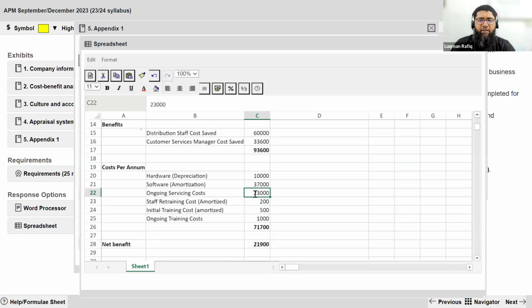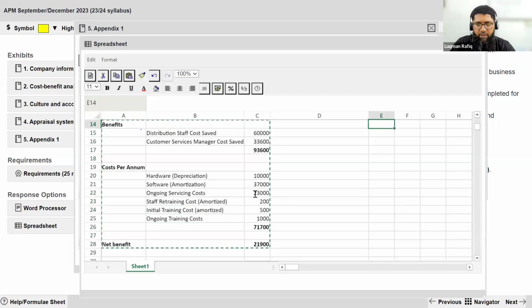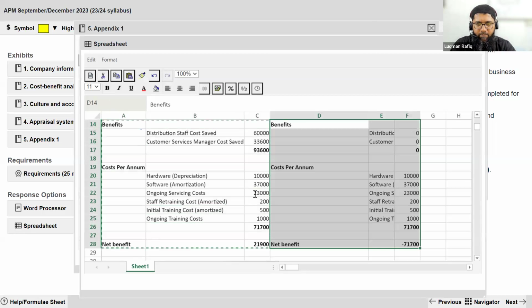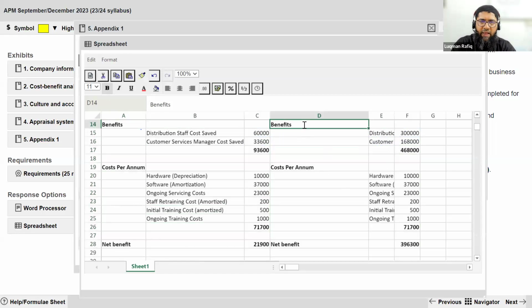There is another way of doing it. Let's just try to see this. I'll copy this and paste it. I would say the distribution cost is going to be this multiplied by 5. I would do it for 5 years because there's one thing which the examiner doesn't need to mention, which is that you should know what the like with like comparison is.